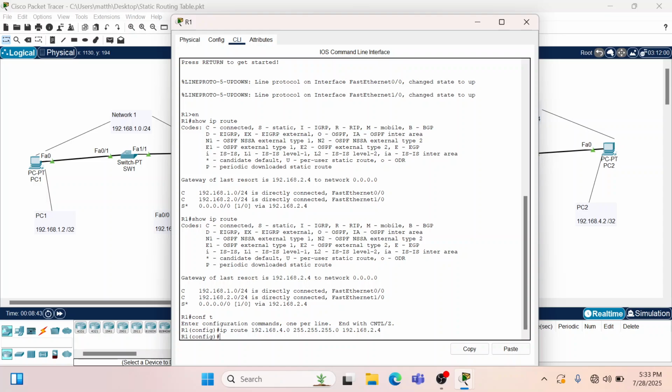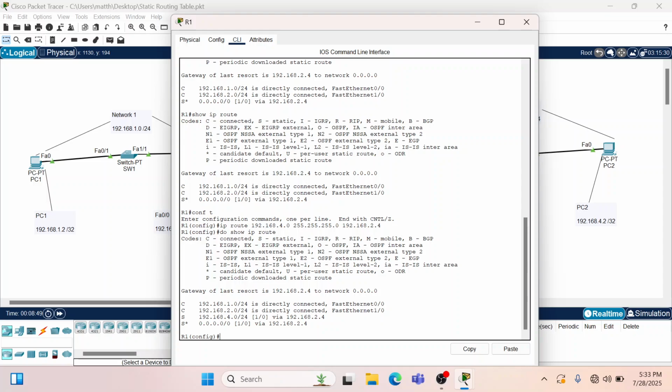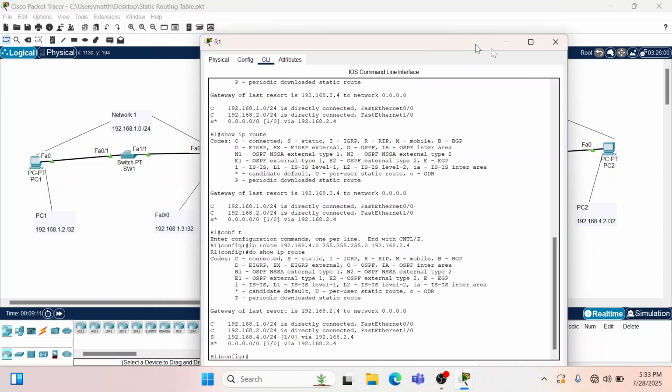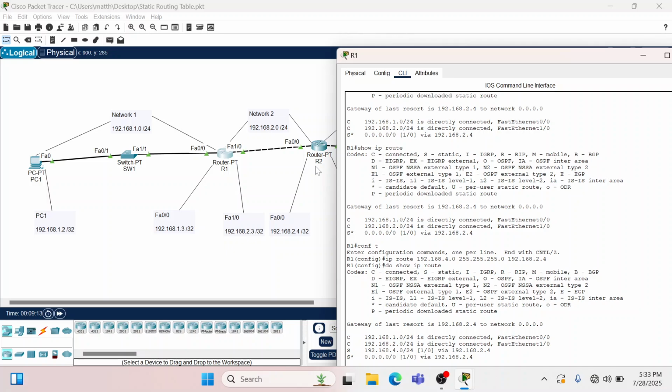So router 1's done. And if we do show ip route, now we can see we have a static route configured, with the destination 192.168.4.0. Now this router knows that to get to this network, the next hop is going to be this interface at 192.168.2.4, which is right here on router 2.